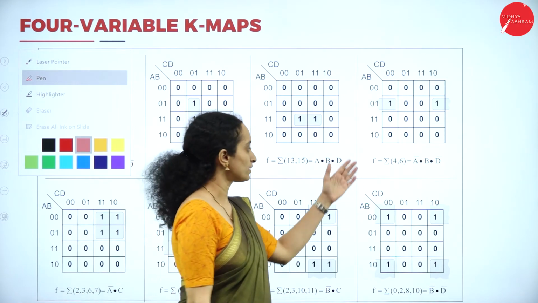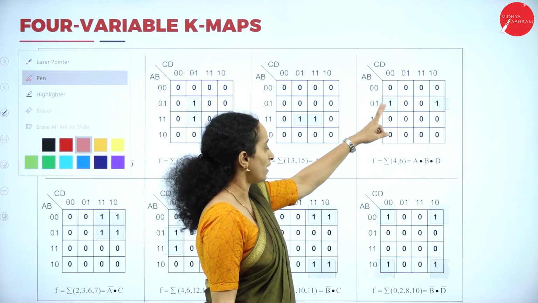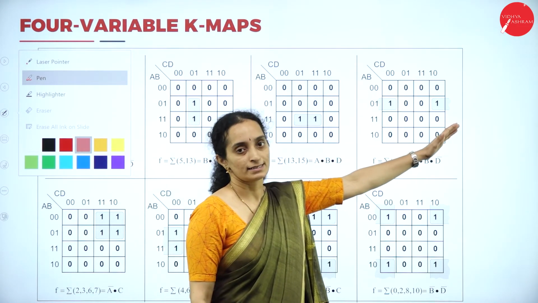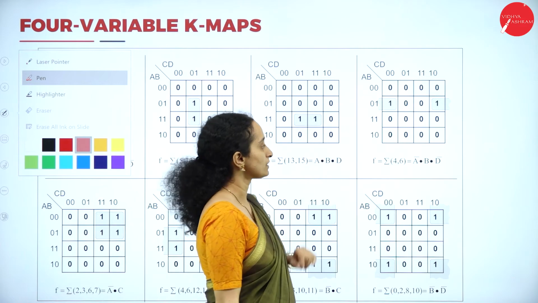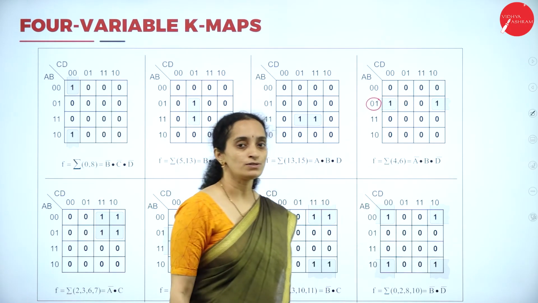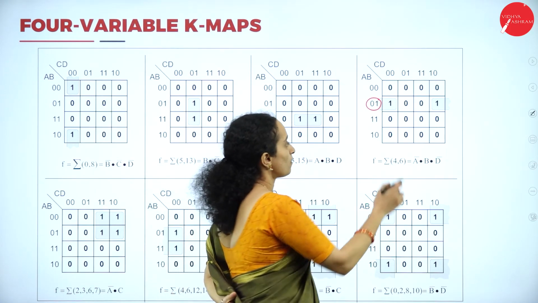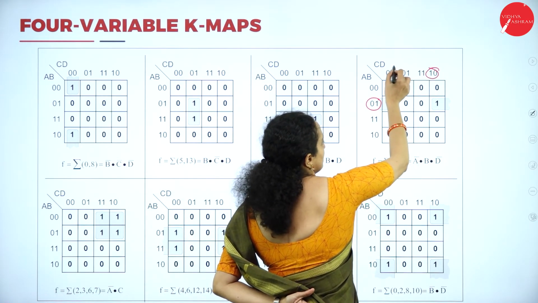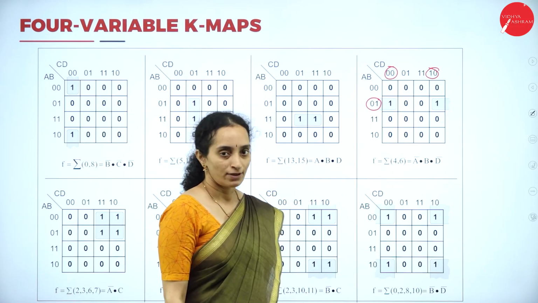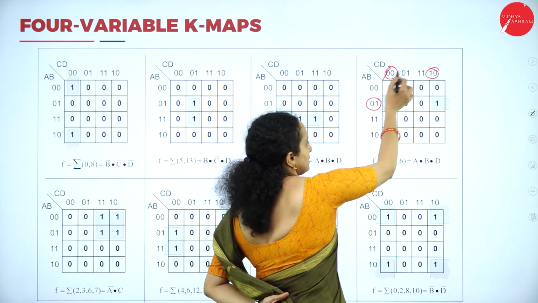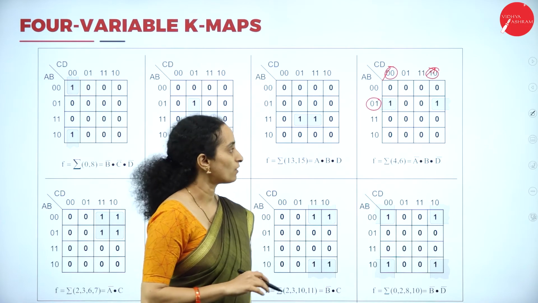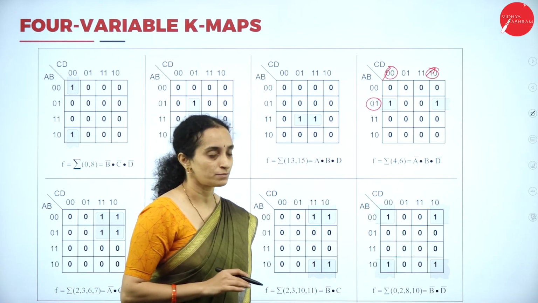When you check with the fourth example, you have 1 in 4 and 6. Cell 4 and cell having value 6. Now, you have to keep these values as it is. 0, 1. Compare these two combinations. Variable C is changing its state combination, complement and non-complement form. 0 and 1 will be cancelled.